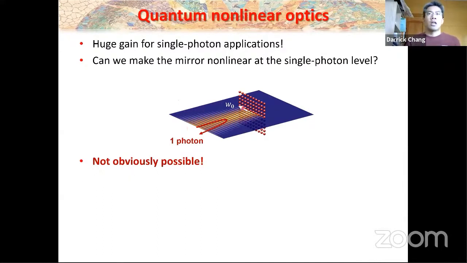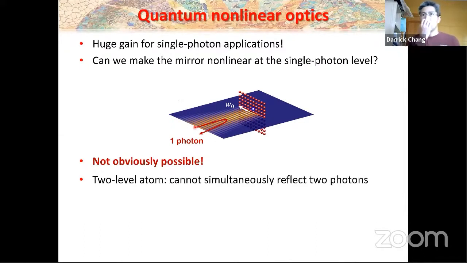I don't know which atom it was fundamentally, but just for the purposes of PowerPoint illustration, let's say it's this one atom that was excited. Because it's a two-level system, this atom, which was excited, can't really respond to a second photon at the same time. It can't be excited twice. So effectively, simply the act of detecting this one photon in reflection punches a one atom hole in my mirror.